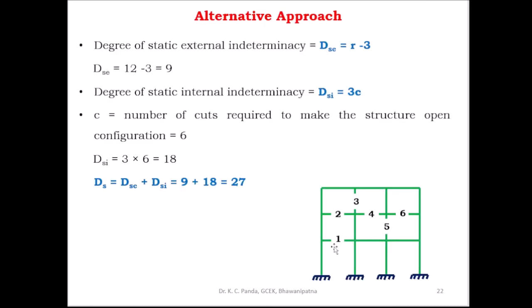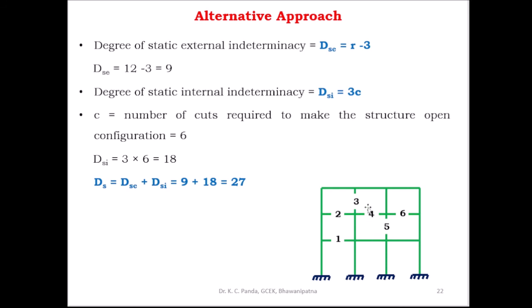This is the first chord, this loop becomes open, and here second chord, this loop becomes open, third chord, this loop becomes open, and this is fourth chord, so this loop becomes open, and this is fifth chord, so this loop becomes open, and this is sixth chord, so this loop becomes open. So after cutting 6 chords, the structure becomes completely open.